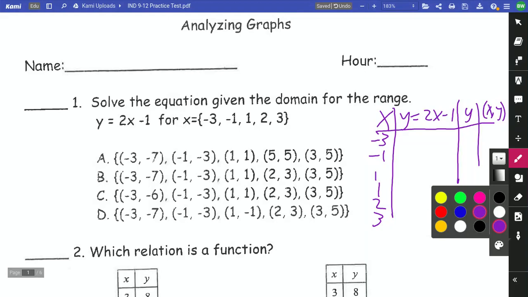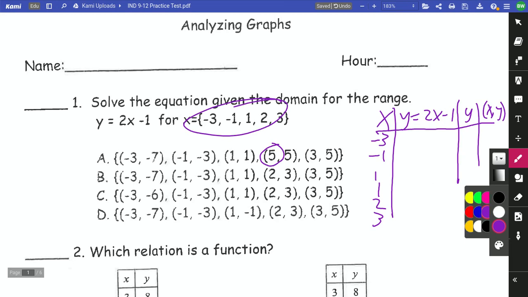And one thing I notice is this one, the A has a 5 for x in one of these ordered pairs. There is no 5 there, right? So we know right off that A cannot be it.